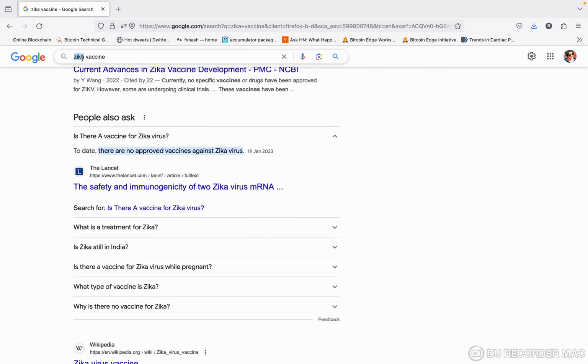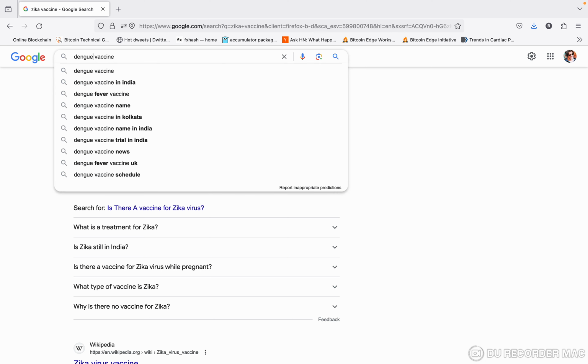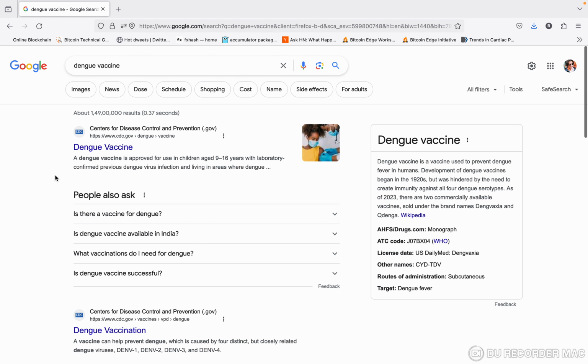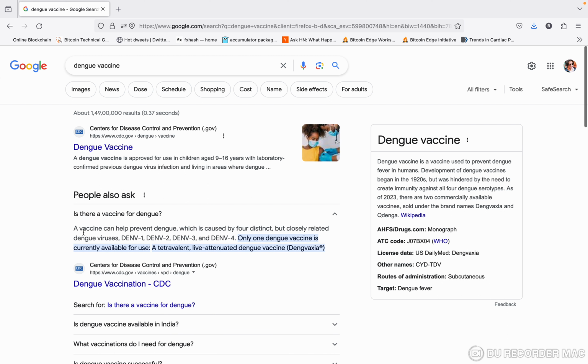Okay, let me check the dengue. Vaccine can help prevent dengue virus. Dengue vaccine is currently available, used for treatment, and a live attenuated dengue vaccine. Dengue vaccine was developed in the 1920s. There are 2 commercially available vaccines.